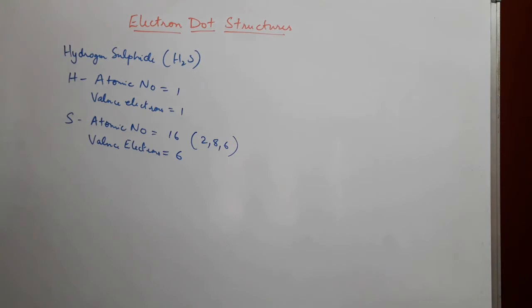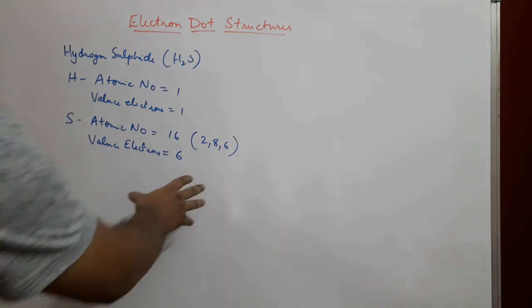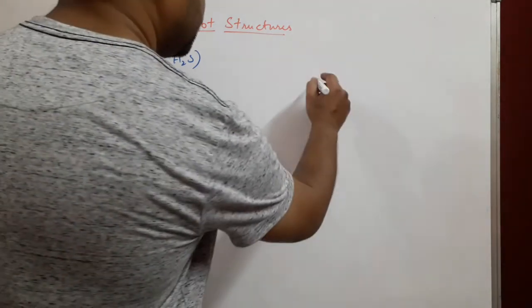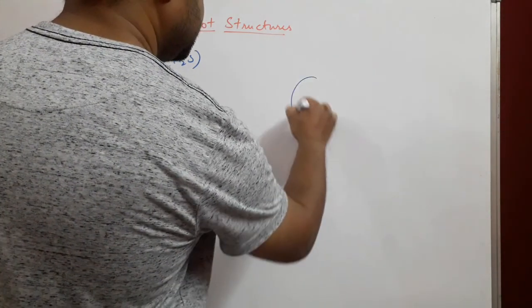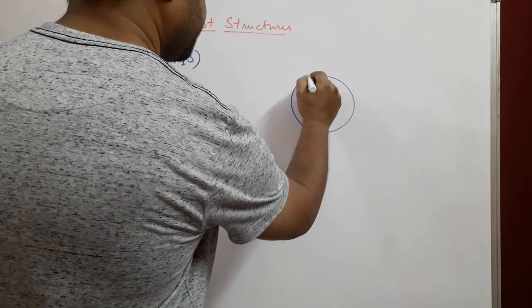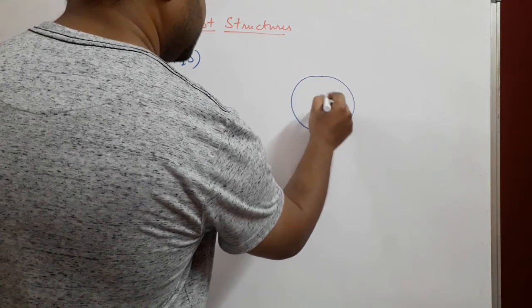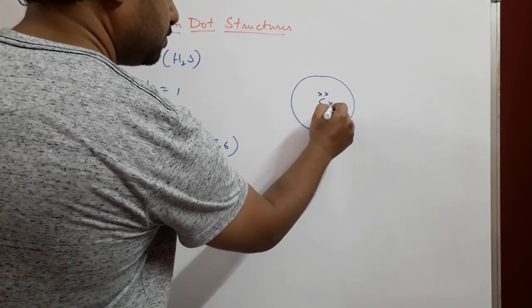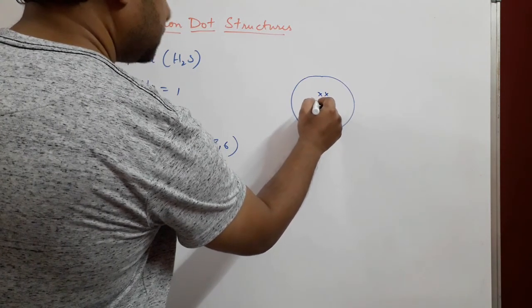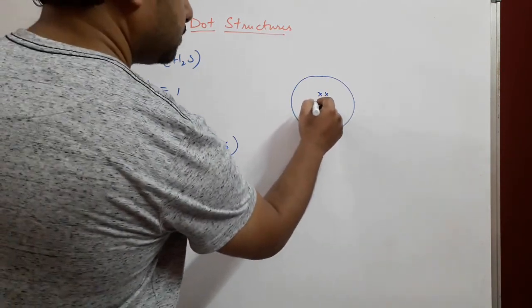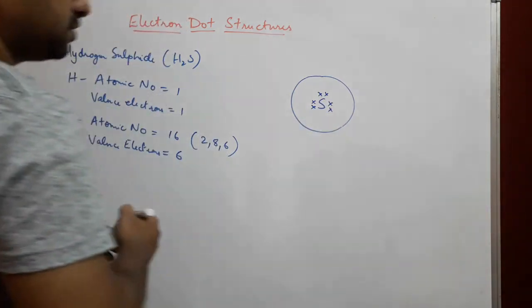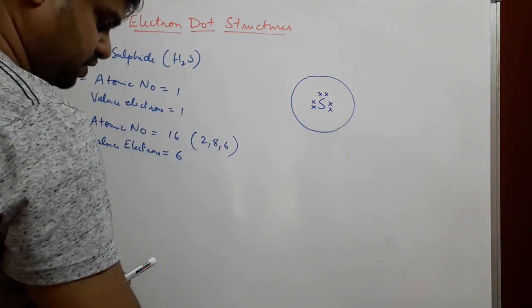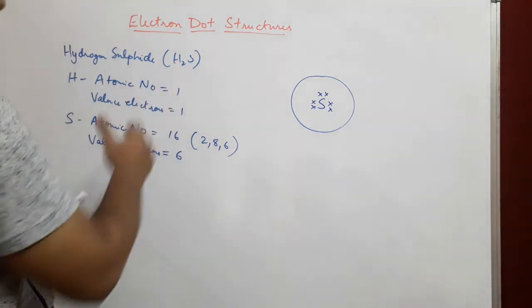So if we have to show how it looks like, then we'll draw the sulfur atom first. Sulfur, and there are 6 valence electrons, so we showcase them as 1, 2, 3, 4, and 5, 6.